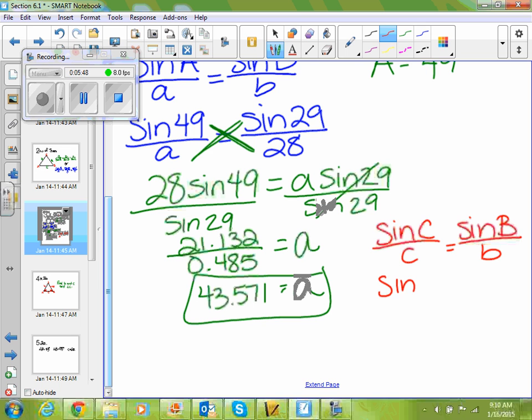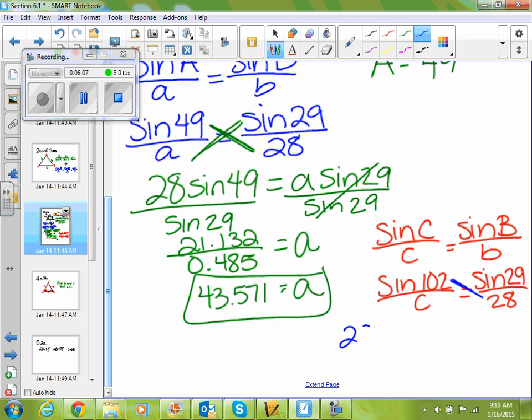So we're going to get sine of 102 degrees over C. I know that sine B is sine of 29 degrees, and side B is 28. We're going to solve that the same way by cross multiplying, so 28 sine of 102 equals C sine of 29. Divide by sine of 29.